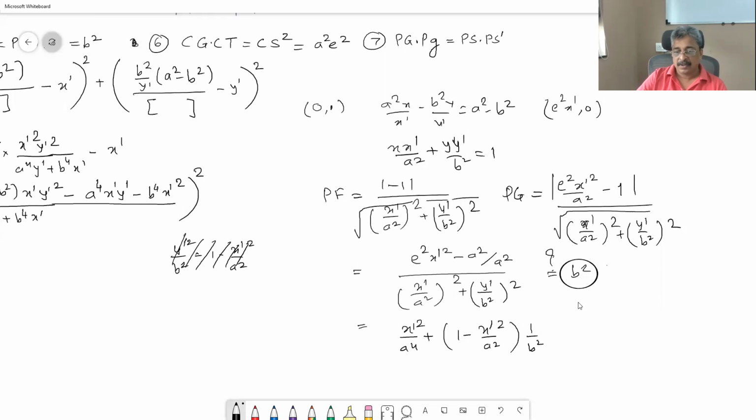And then we can write b square as a square into 1 minus e square. Okay, that is what is your denominator. Okay, so is it getting cancelled eventually? This has to be square here, no? What is square? No, already by.